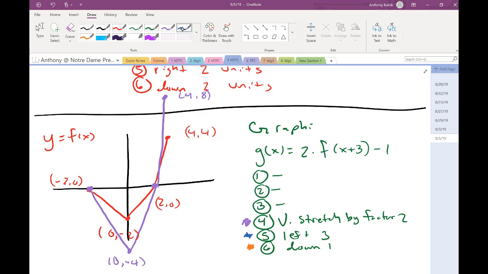If I want to go left 3 units, how do the coordinates change? Subtract 3 from the x-coordinates. Good. So -2, 0 becomes -5, 0. 0, -4 becomes -3, -4. 2, 0 becomes -1, 0.